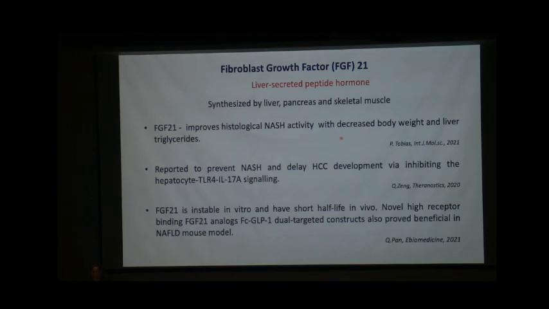Back in 2020, they found the mechanism of how FGF21 works is through hepatocyte TLR4 IL-17 signaling. FGF21 is very unstable in vitro and has a very short half-life. So there is a novel high receptor-binding FGF21 analog, even in phase 2 clinical trial as a dual target construct, which provided a beneficial effect in the NAFLD mouse model.